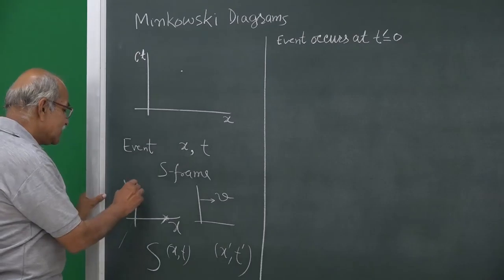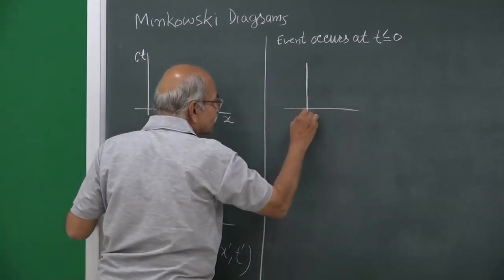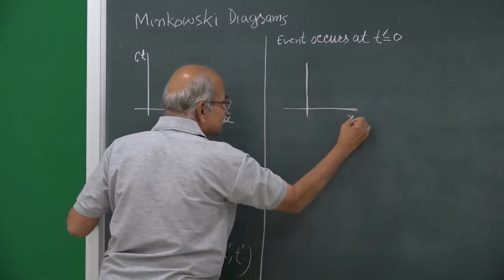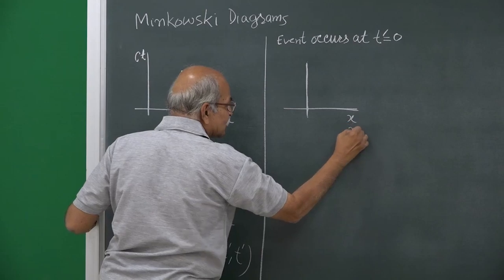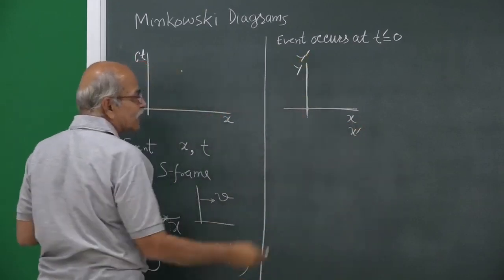So, origins are crossing, okay. This means your axes are just overlapping on each other at this instant t prime equal to 0. So, this is x axis, this is also x prime axis, this is your y axis, and this is also y prime axis.